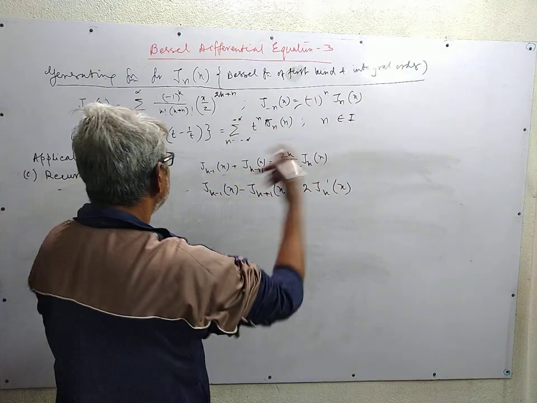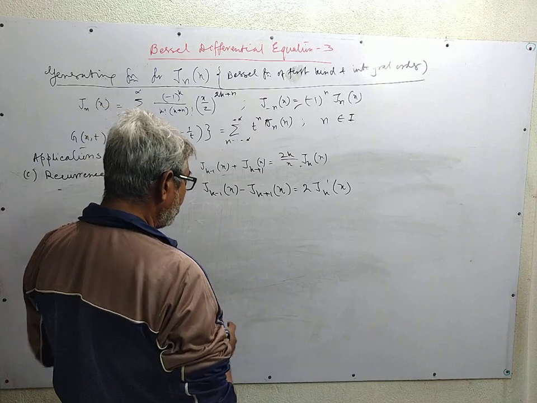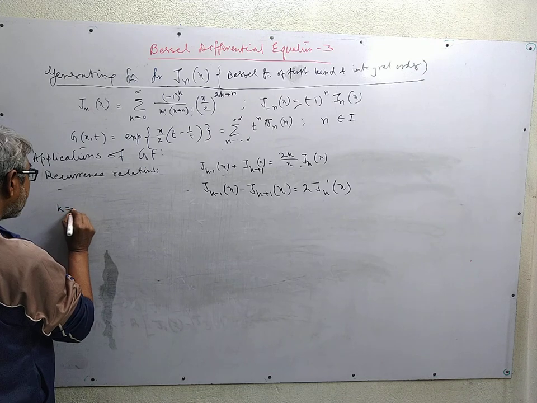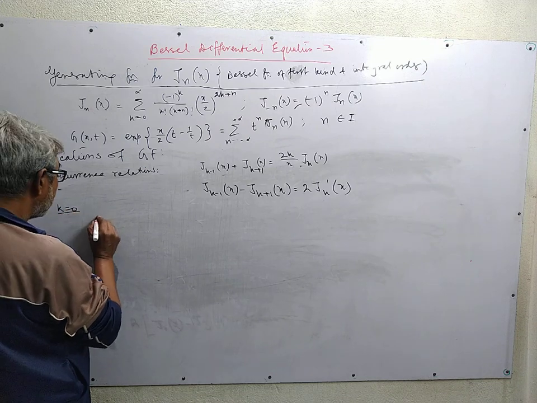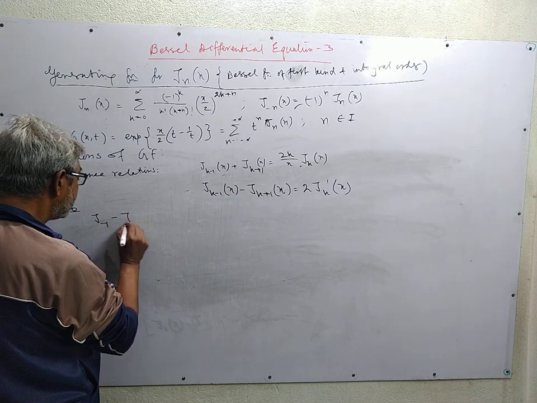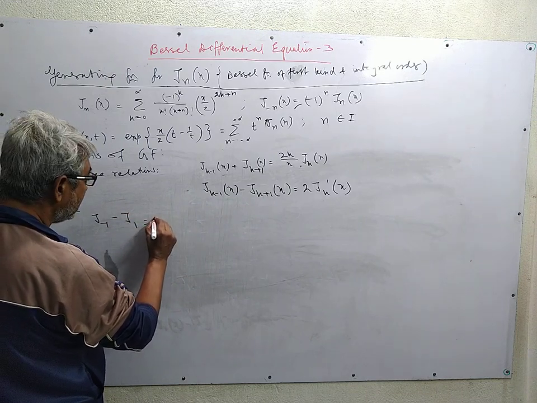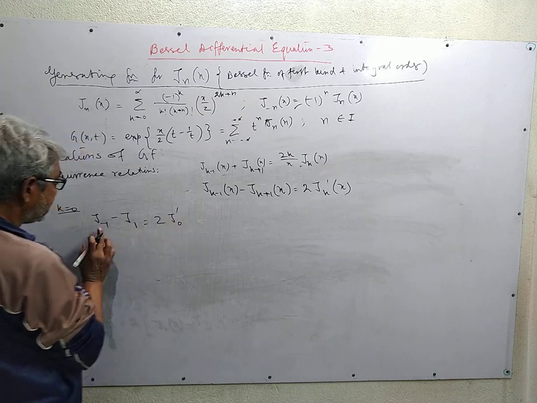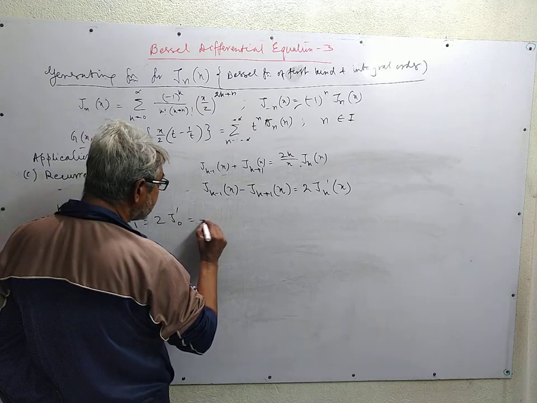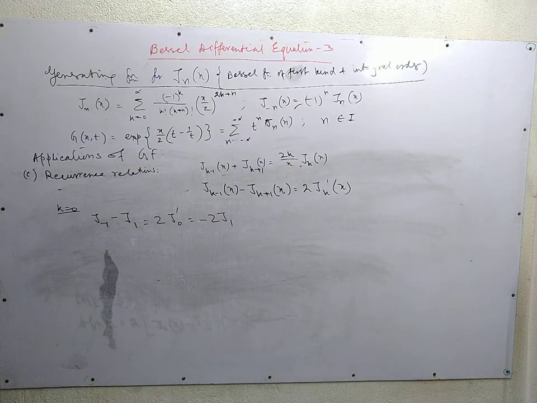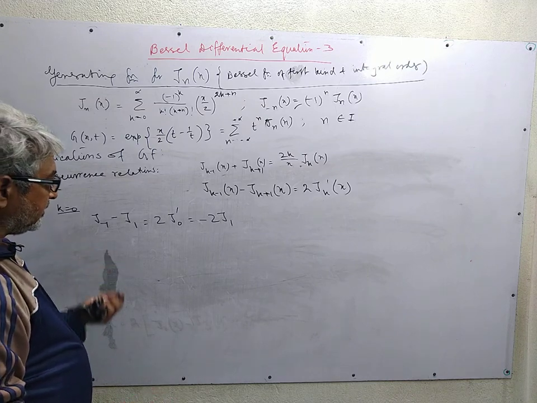For example, we put k = 0 here. The second recurrence relation with k = 0 gives J_{-1} - J_1 = 2 J_0'. Since J_{-1} is minus J_1, this is minus 2 J_1, so J_0' = -J_1.